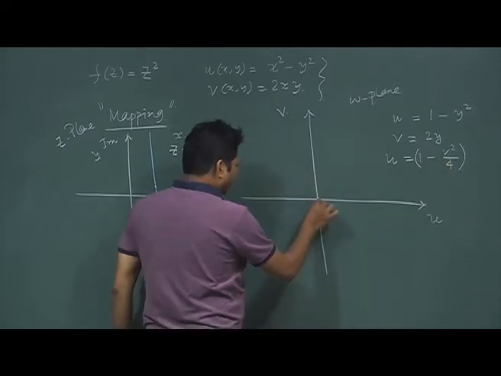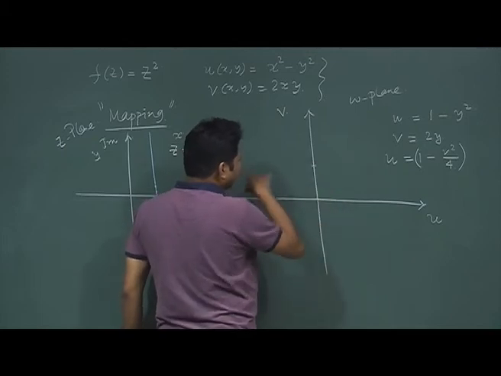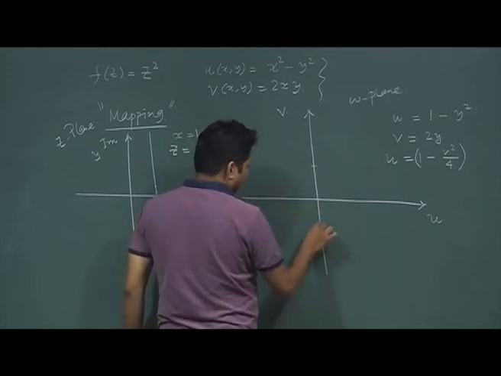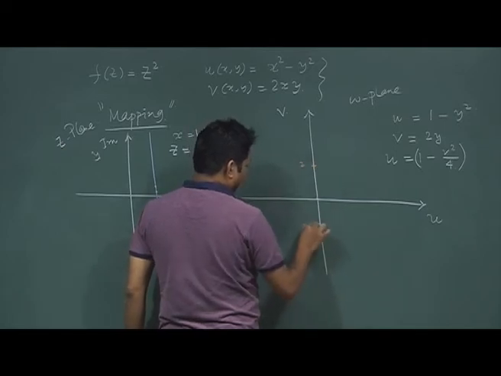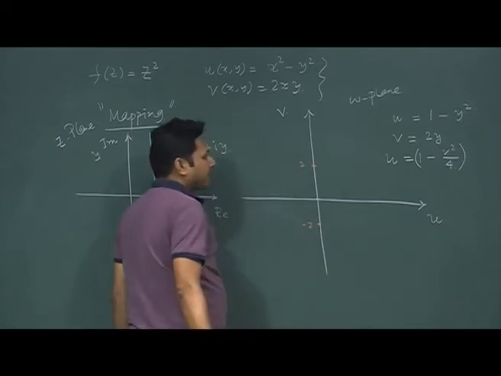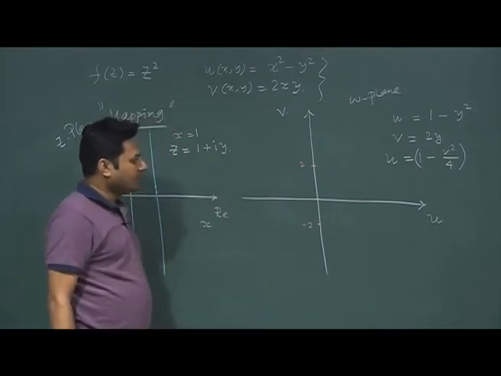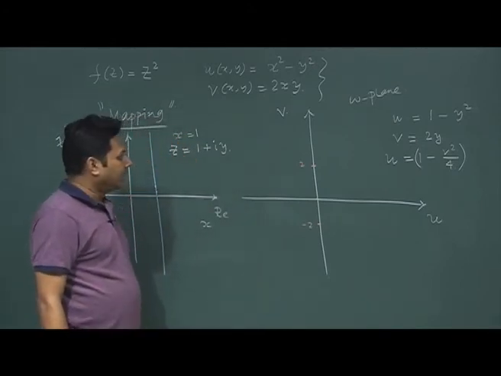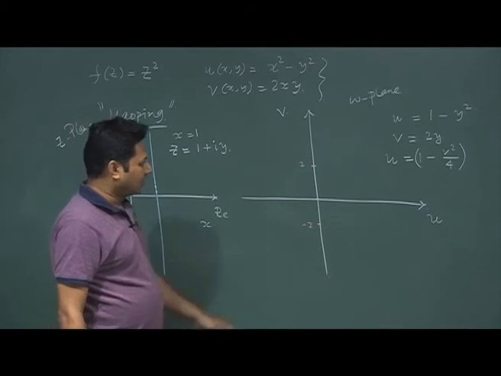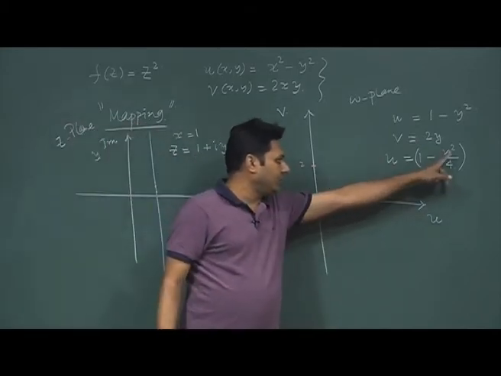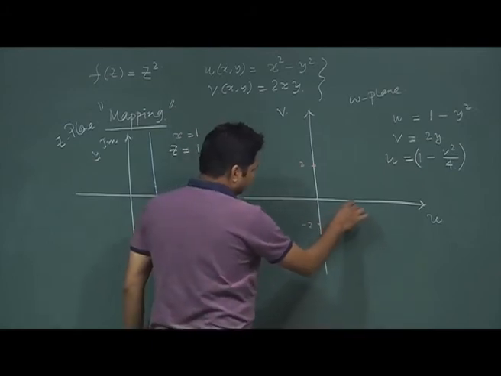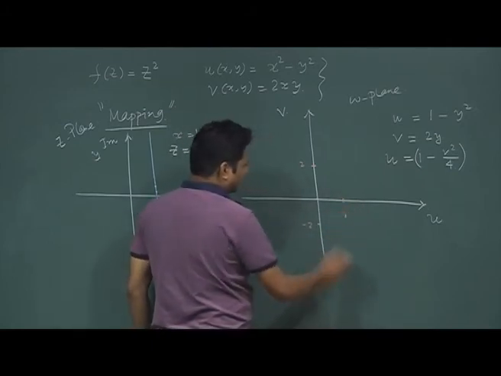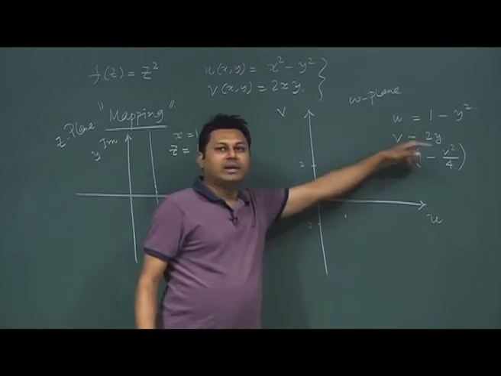So the values of v are here and here, 2 and minus 2. And when v is equal to 0, then u is equal to 1. So somewhere here, this is 1, and it seems to be a parabola.